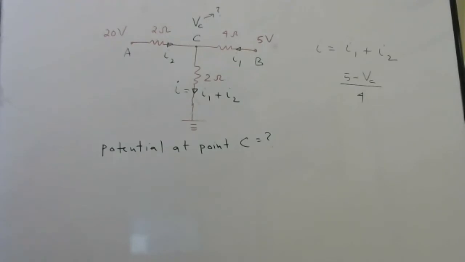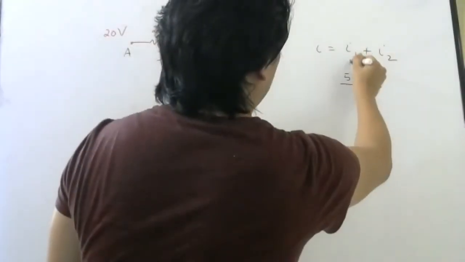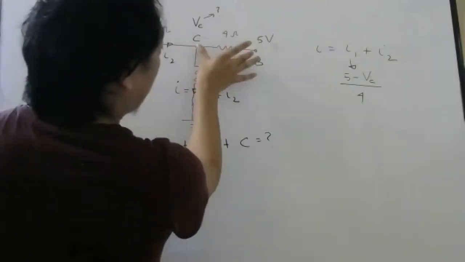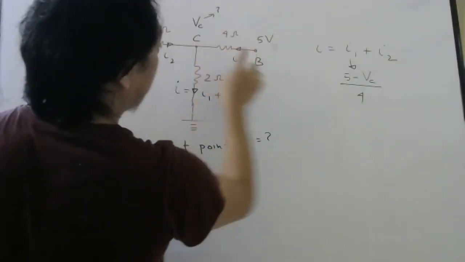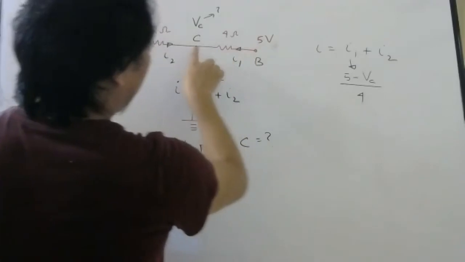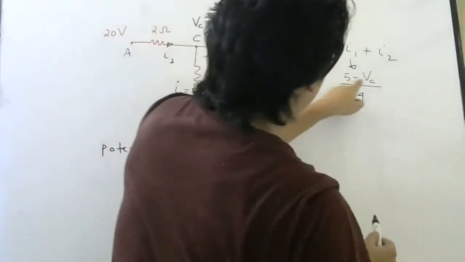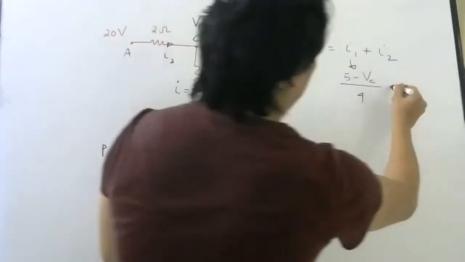Okay. So how I wrote this I1, students? I hope everybody understood. I am using Ohm's law only. Potential difference here it is 5 volt, here we don't know. So potential difference is 5 minus potential, divided by resistance, this current.